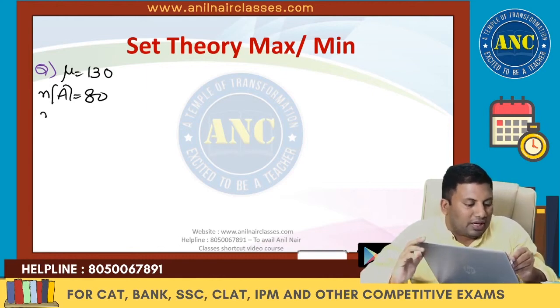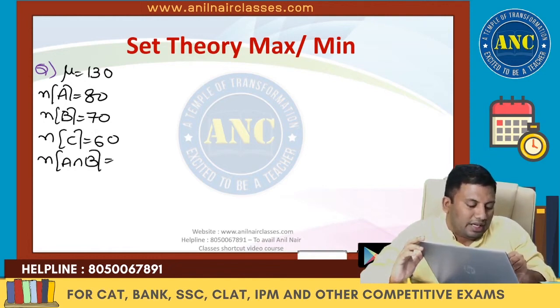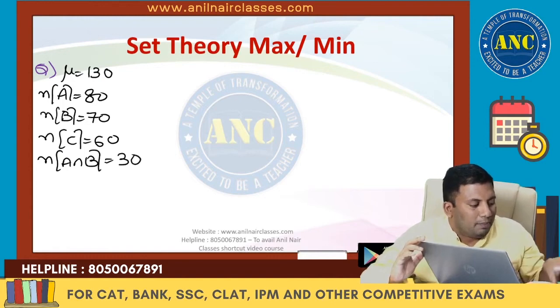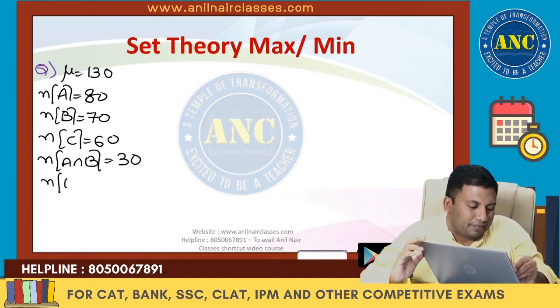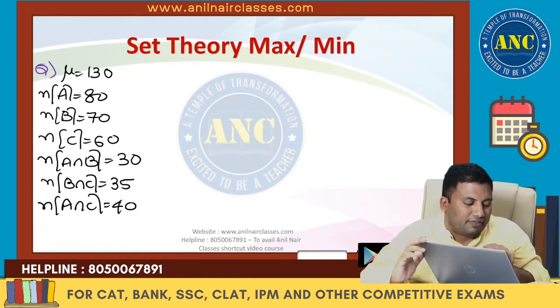Mu is 130. N of A is 80. N of B will be 70. N of C will be 60. N of A intersection B is nothing but 30. B intersection C is nothing but 35. N of A intersection C is nothing but 40.